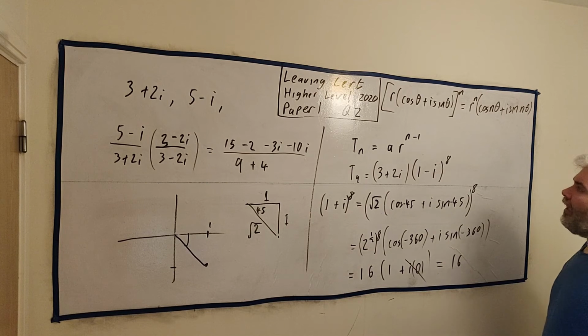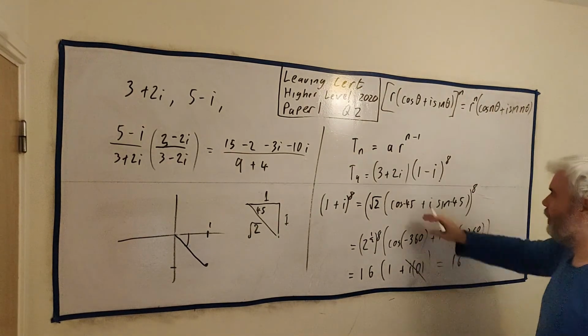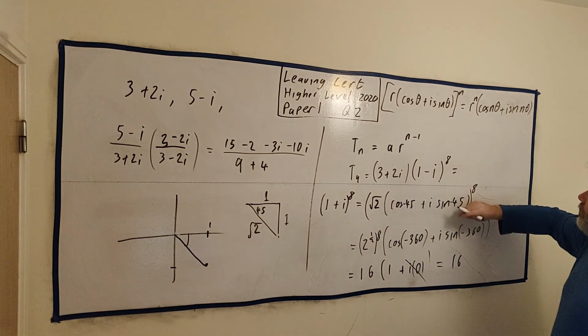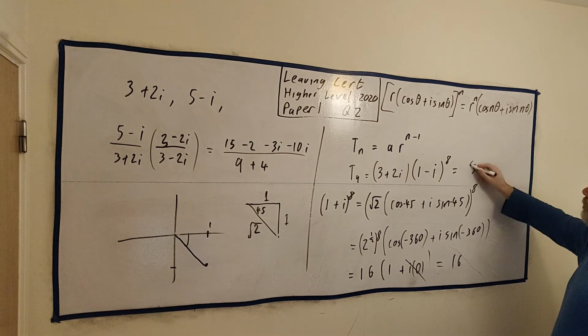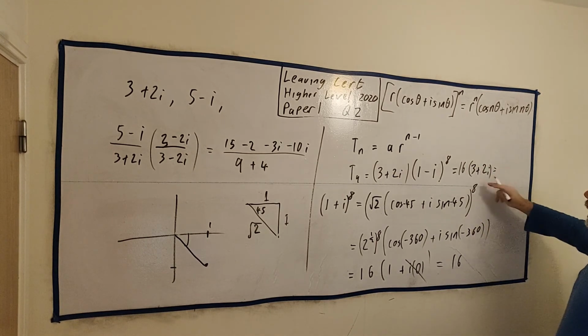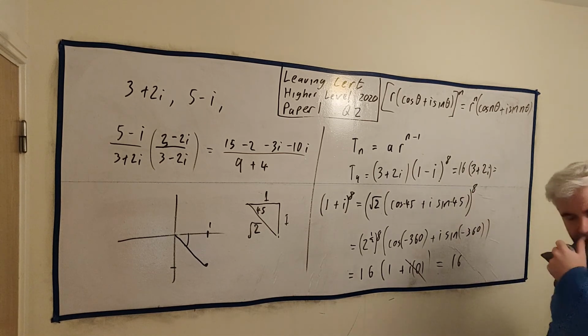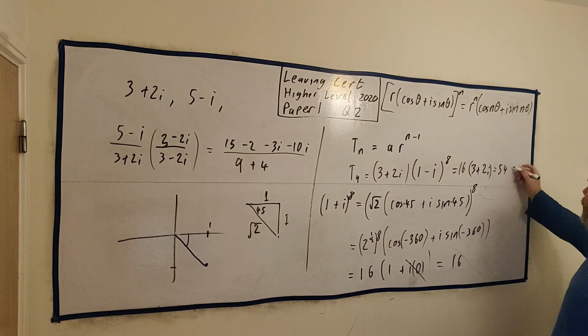So I'll jump back onto this line. Again, you should probably write this under this one. This is just the same as 3 plus 2i multiplied by 16, or I'll write 16 in front. 16 times 3 is, let's see, 30 plus 24 is 48.